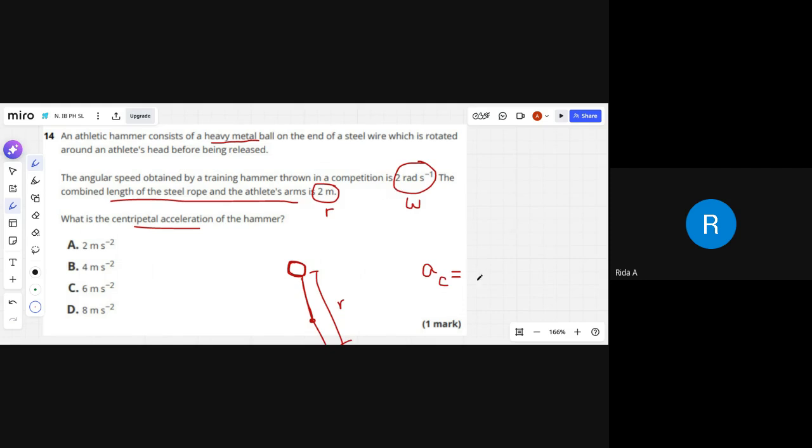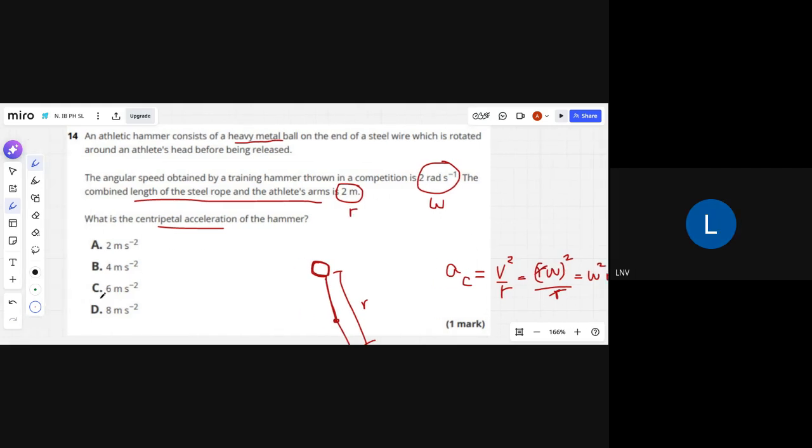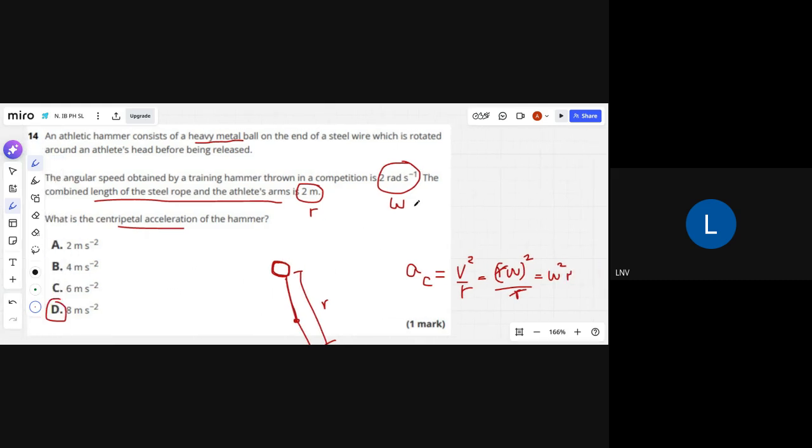We do 2 times 2, which is 4. Or could we directly do omega squared r? We can just do 4 times 2. Is that it? Is it just 8? Yes. So omega squared, 4, into the radius r, 8.